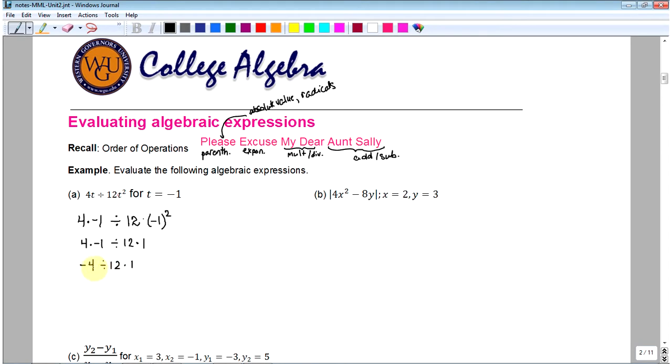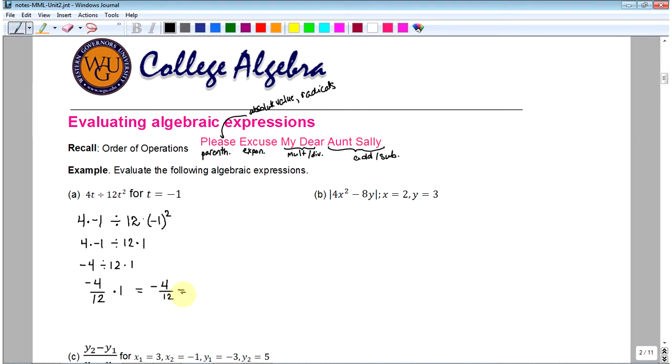So next, I have -4 divided by 12. I'm going to write that as a fraction because it's a little bit easier to see. So -4 divided by 12, and then we're going to have that quantity times 1. Well, anything times 1 is itself, so we know that this will equal -4/12.